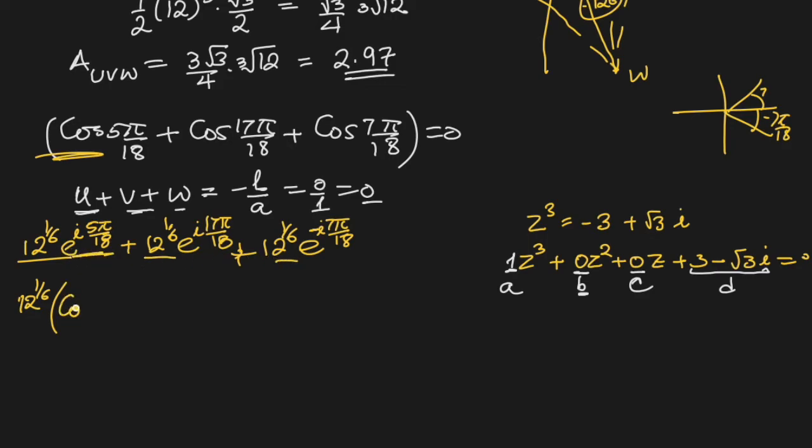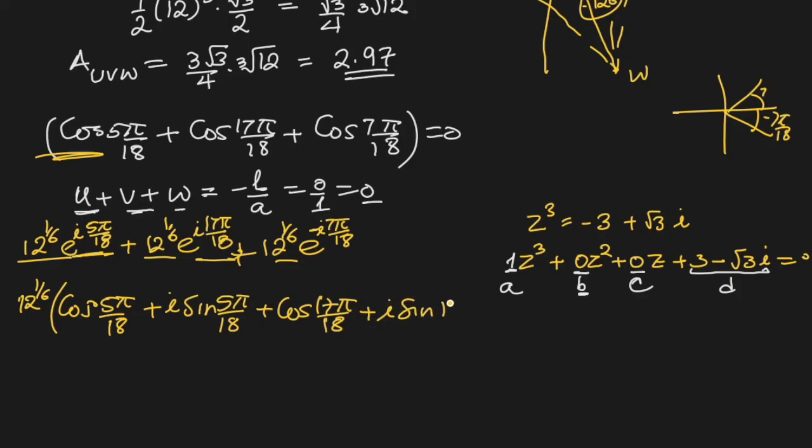It will be cos 5 pi over 18 plus i sine 5 pi over 18, plus this one will be cos 17 pi over 18 plus i sine 17 pi over 18, plus cos negative 7 pi over 18 plus i sine negative 7 pi, not 17, 7 pi over 18.